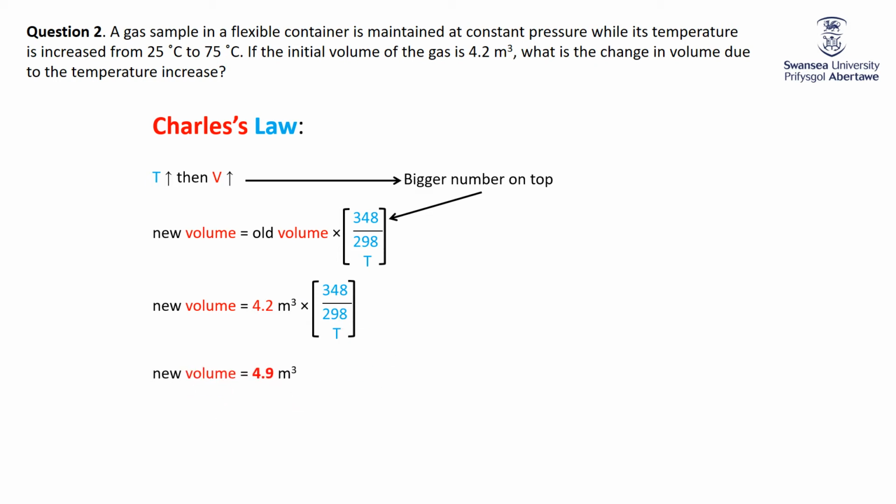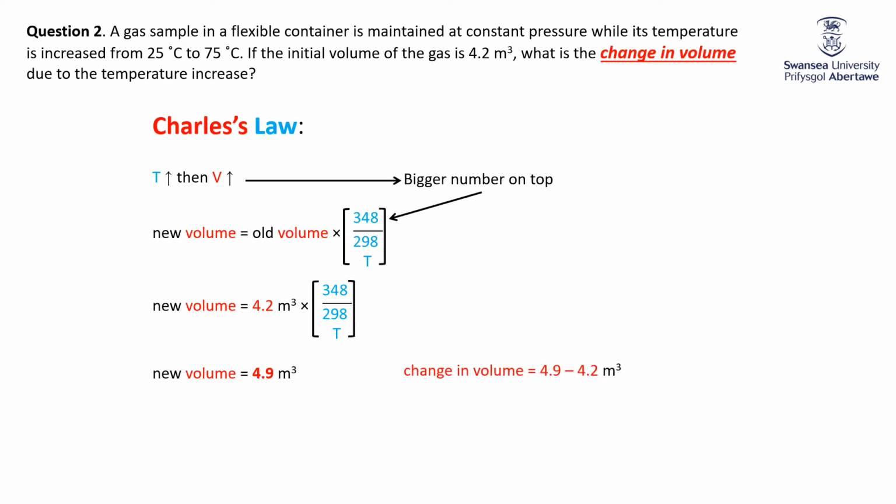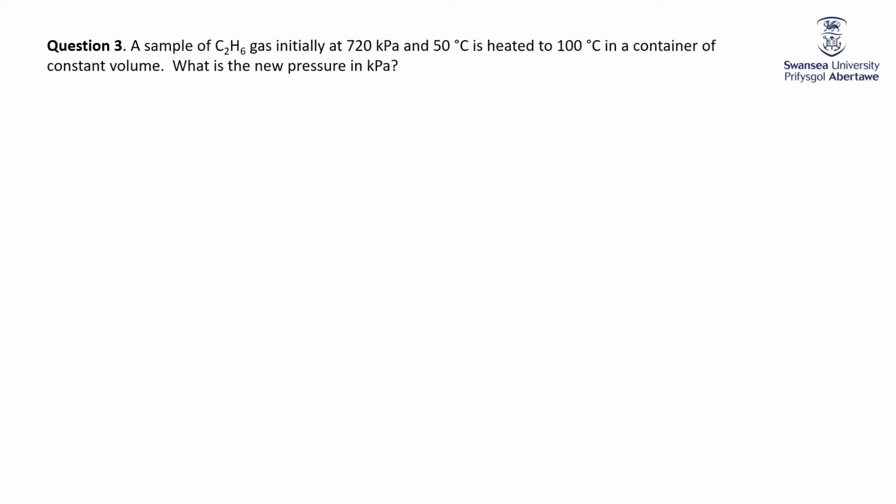Now, that would be the answer in many cases, except of course finish the question. What is the change in volume due to the temperature increase? Well, the old volume was 4.2, the new volume was 4.9, thus the change in volume, 0.7 cubic meters.